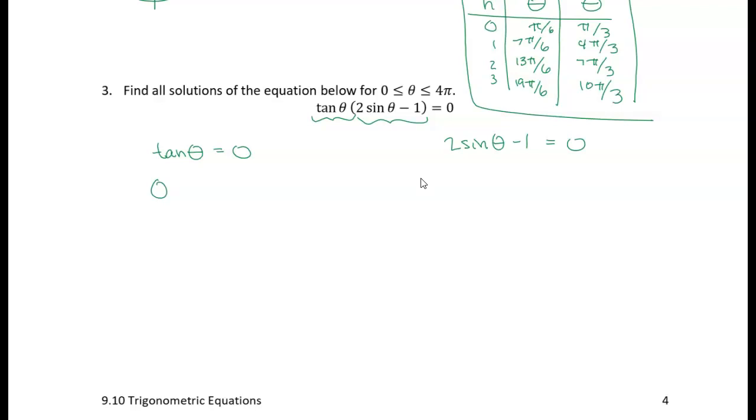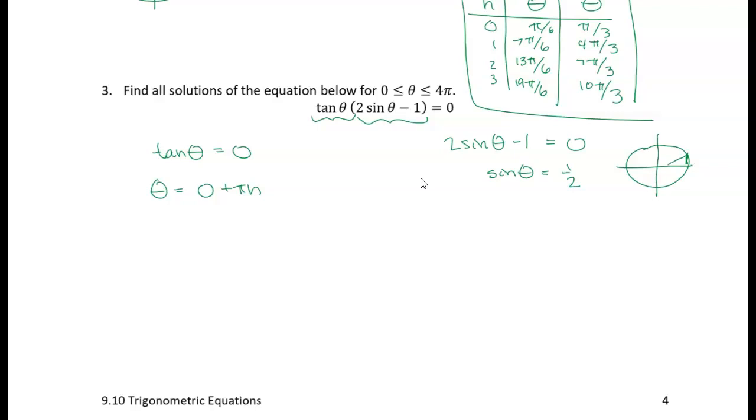So here, if I solve it in general, tangent is equal to 0 at 0 plus pi n, right? Because the period of tangent is pi. Over here, I had to add 1 to both sides and then divide by 2. So I get sine theta equals 1/2. So again, I can look at my unit circle and figure out where sine theta is equal to 1/2.